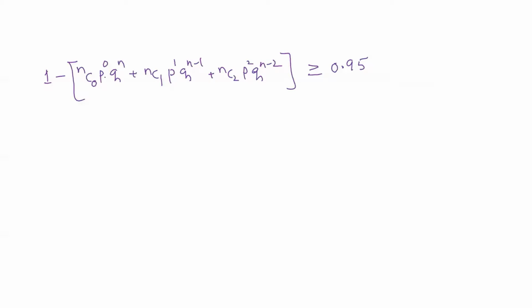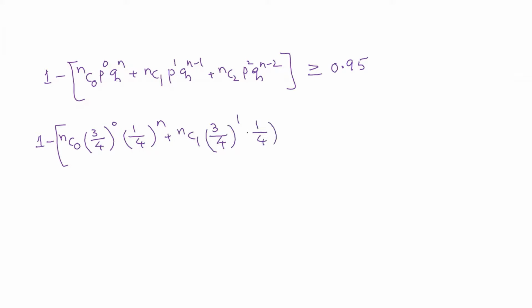So now we know the value of p is 3/4 and the value of q is 1/4. So this is going to come as 1 minus nC0 (3/4) raised to 0 and (1/4) raised to n, plus nC1 (3/4) raised to 1 and (1/4) raised to n minus 1, plus nC2 (3/4) raised to 2 and (1/4) raised to n minus 2, greater than or equal to 0.95, right?